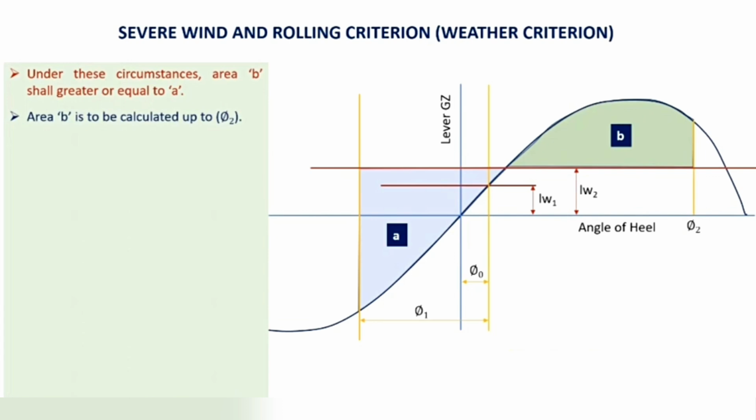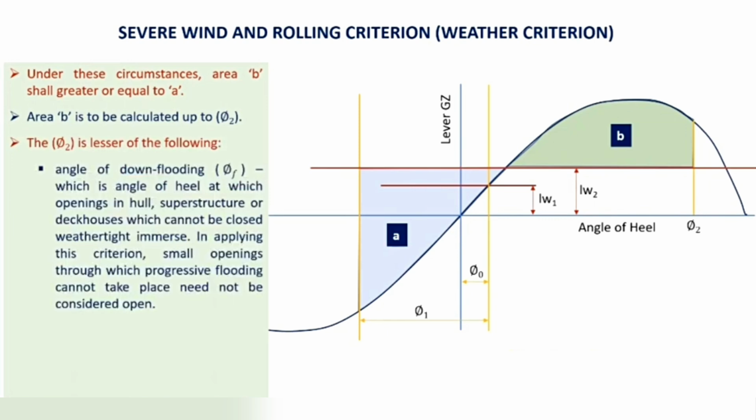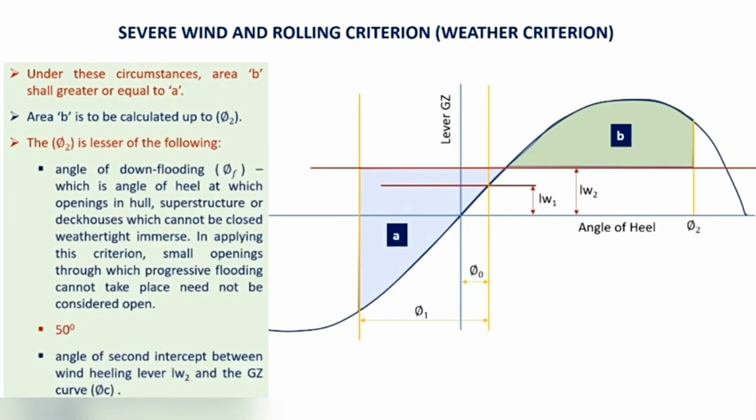And phi 2 is the least of three values: one is the angle of down flooding, other is 50 degrees, and the last is the second intercept of LW2 with the righting arm curve, that is phi C. Whichever is the least of the three defines the right boundary of area B. And that completes your explanation of severe wind and rolling criteria, or wind and weather criteria.